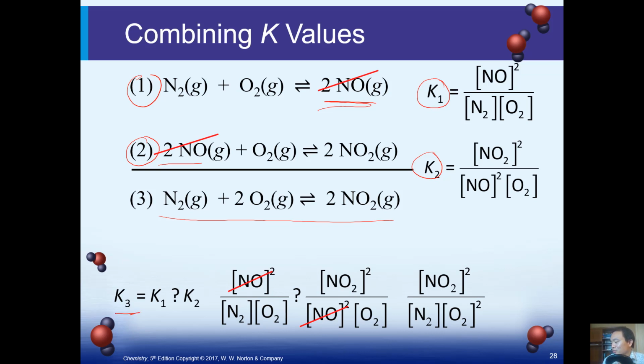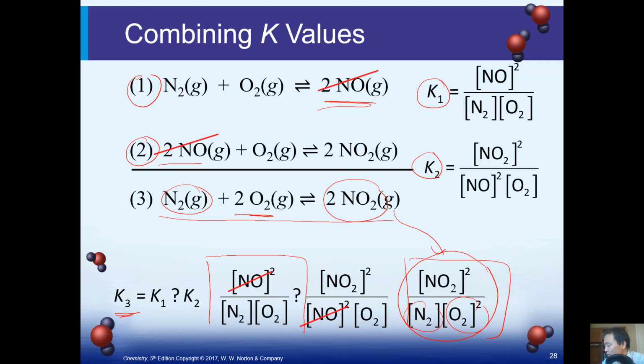When you write the K expression for the third reaction, you can rearrange it: if I put an NO2 over the top and another NO2 squared at the bottom, they can cancel out.